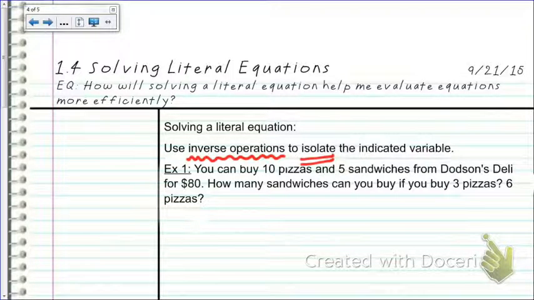So before we start this problem, we need to identify a couple of variables. What are the 2 unknowns, or what would be my 2 variables for this problem? Cost of pizzas and cost of the sandwiches. What variable do you want to assign pizzas? P. Okay, so we have to write this down though, right? So P equals the cost of a pizza.